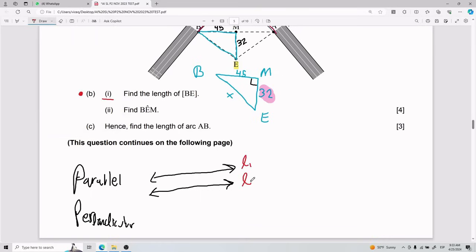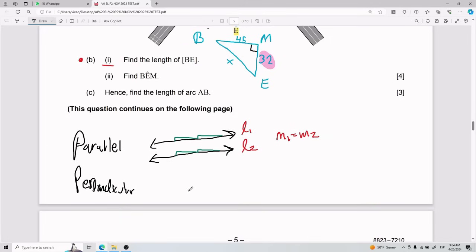So if this is line 1 and this is line 2, for parallel lines, slope 1 equals slope 2. For example, the slope of this first one that I'm putting in green is how much it advances per x. Well, for line 2, it's exactly the same. And so because they grow in the same manner, they will never touch. For perpendicular lines, it's a little bit different.